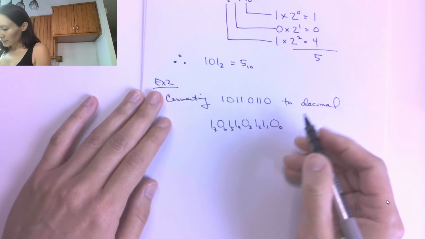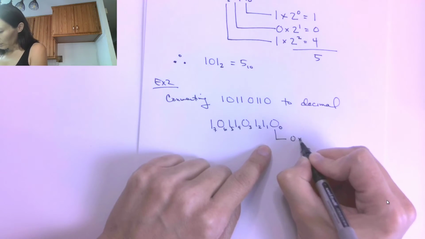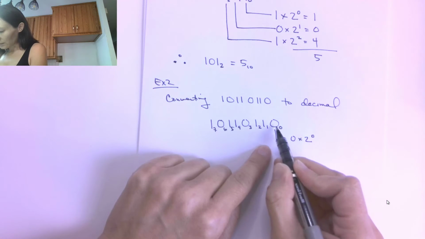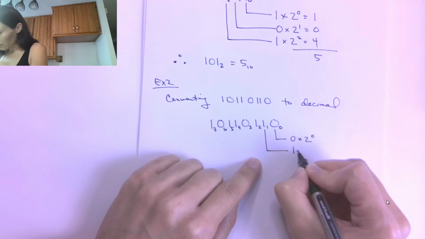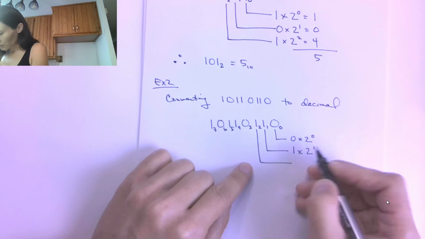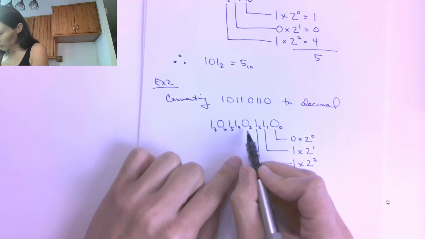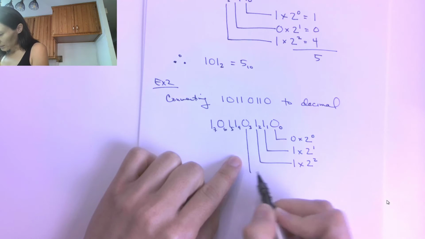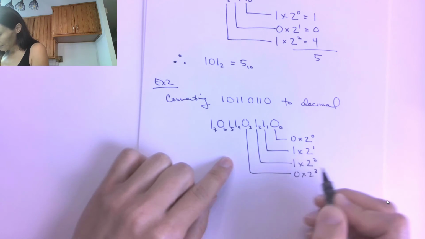Okay, great. So then we take this digit, which is 0. We multiply by 2 to the 0 because 0 is the subscript on the first 0. Then we do 1 times 2 to the first. This digit is a 1, so we do 1 times 2 to the second because it has a subscript of 2. This 0 has a subscript of 3, so we take the 0 and multiply by 2 to the 3.